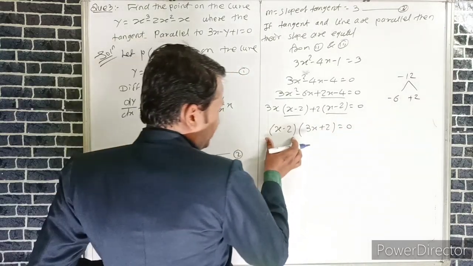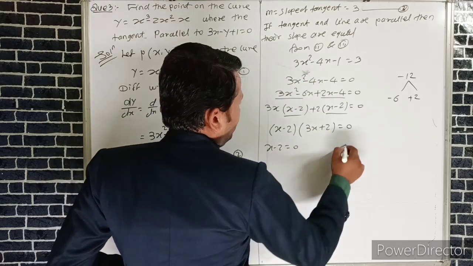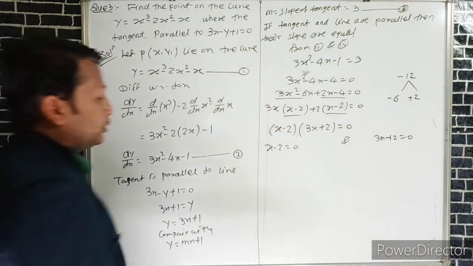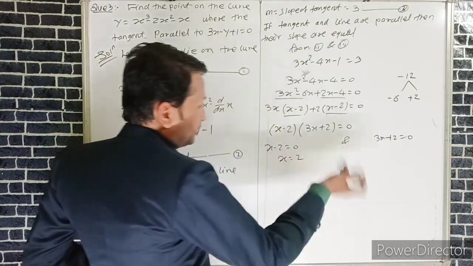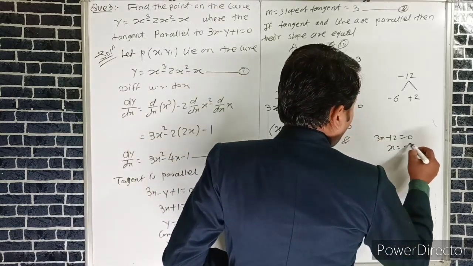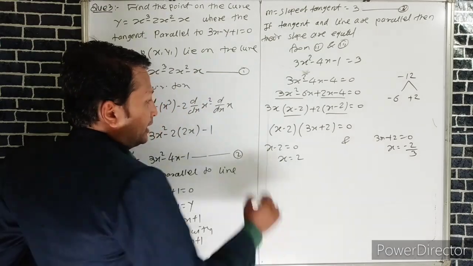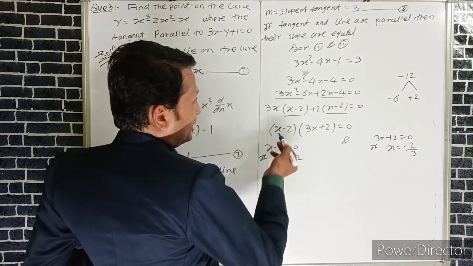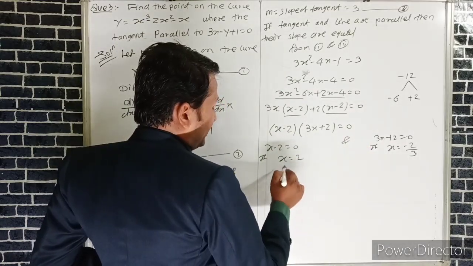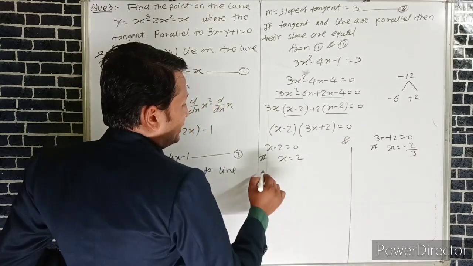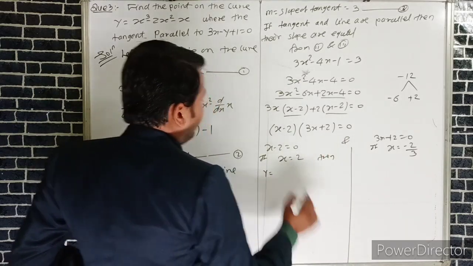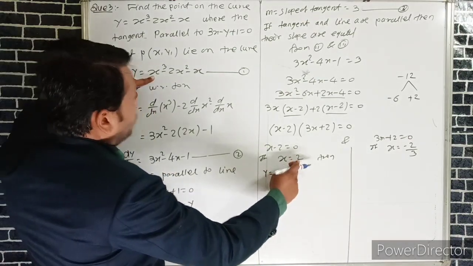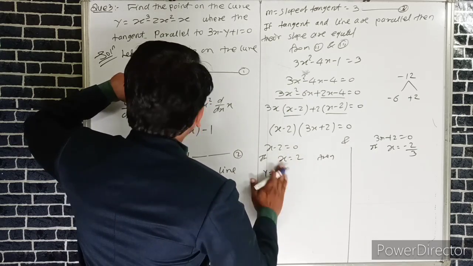By comparing, the first bracket x minus 2 is equal to 0 and the second bracket 3x plus 2 is equal to 0. Here x gives two values, which are x is equal to 2 and x is equal to minus 2 upon 3. If we take the value of x which is 2, then we can calculate the value of y.